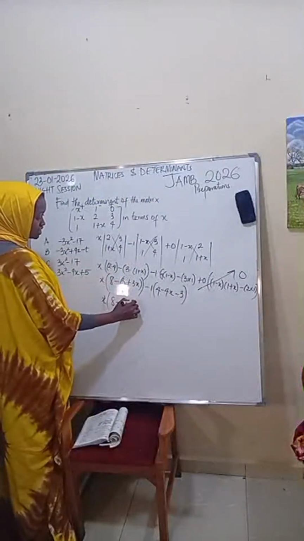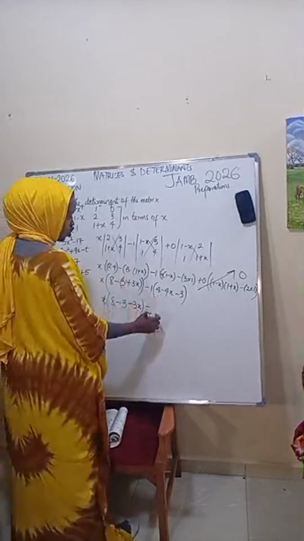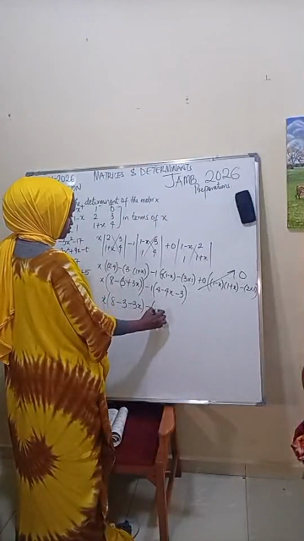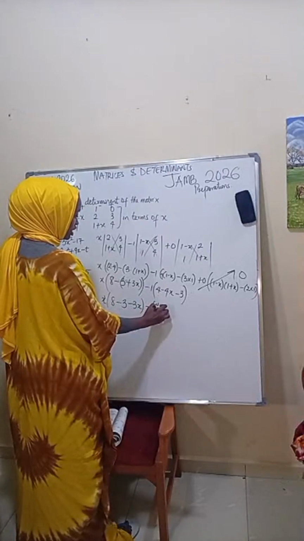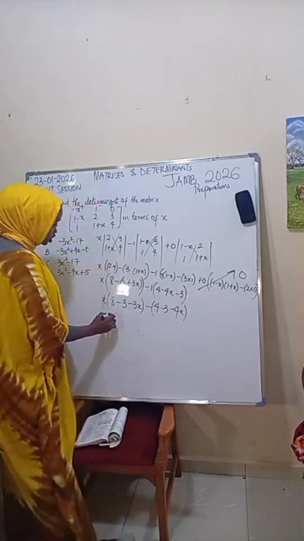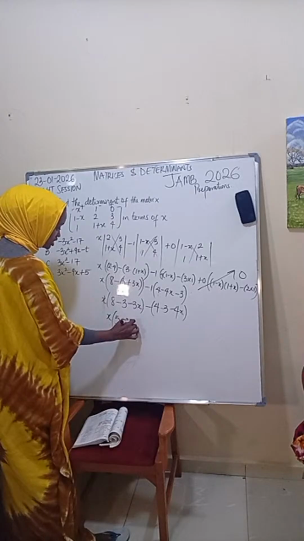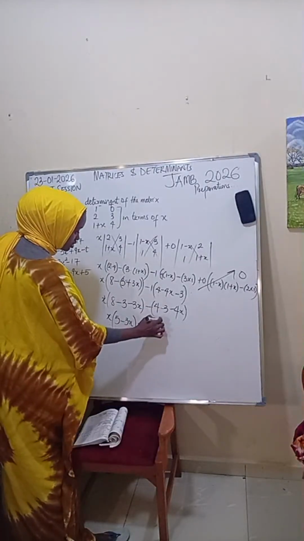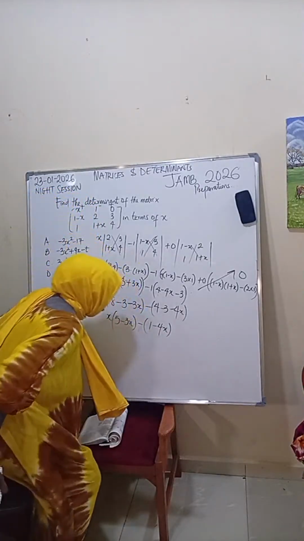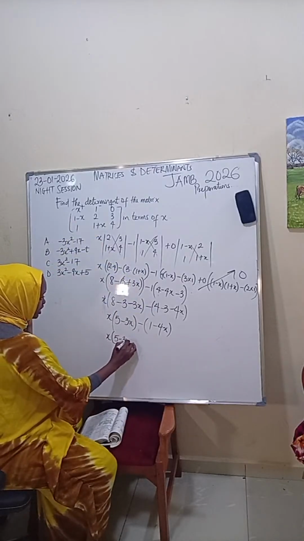Minus times plus is minus, so we have minus 3x, minus 1 times 4. Or before doing that, let's simplify what we have inside here. We have 4 minus 3, then minus 4x. So this becomes x, open bracket, 8 minus 3 will give me 5 minus 3x, minus open bracket, 4 minus 3 is 1, so I have 1 minus x.